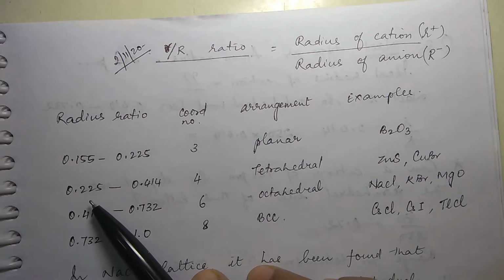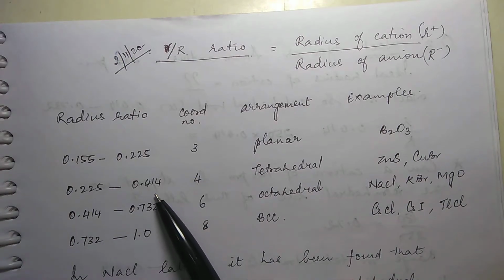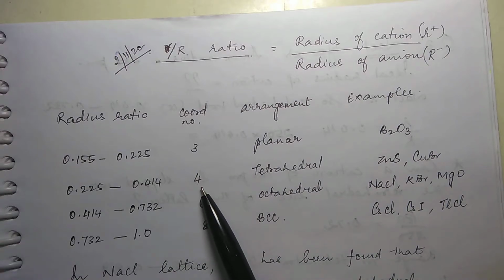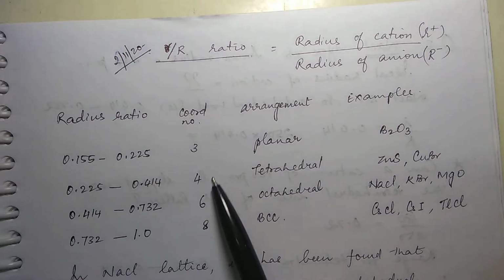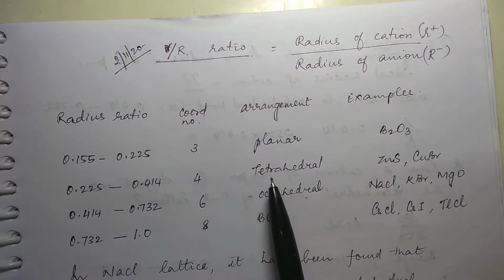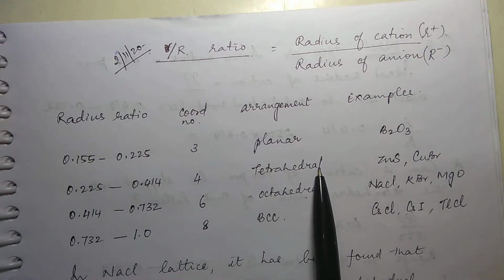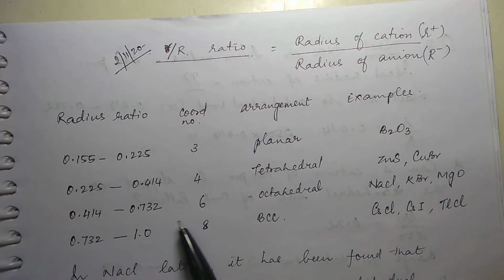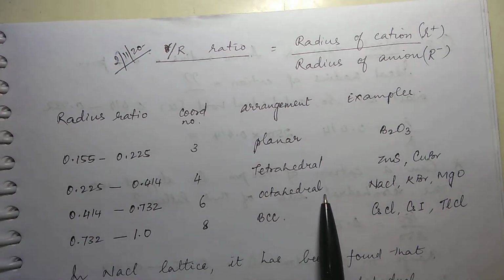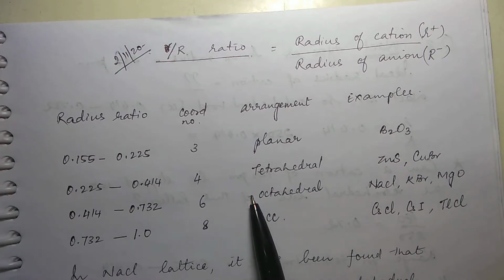Now the next range is 0.225 to 0.414, and that tells you that the coordination number is 4, in the sense that the tetrahedral voids are occupied in the lattice. Then 0.414 to 0.732 tells you the coordination number 6, which indicates that the octahedral voids are occupied.